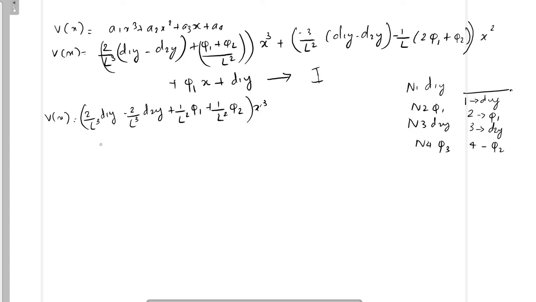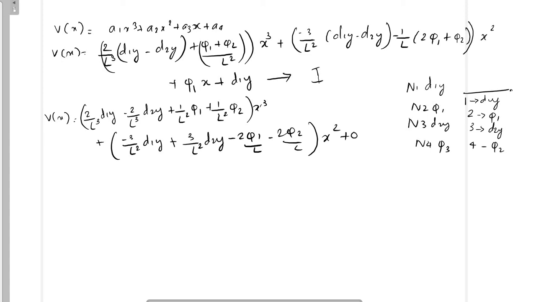And the next term, plus minus 3 by L square d1y, minus into minus is plus, so plus 3 by L square d2y, and minus 2 pi 1 by L minus 2 pi 2 by L, multiplied with the x square. Plus x is multiplied with the a3, so pi 1 x, plus d1y.